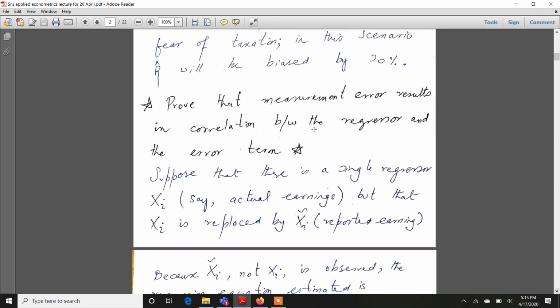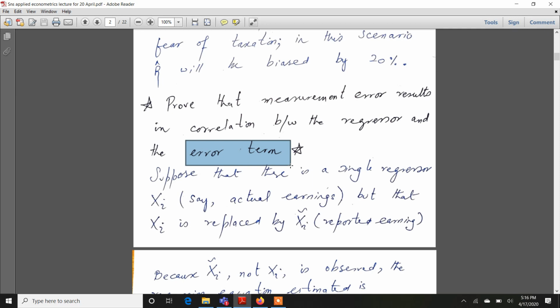Okay, next we have to prove that measurement error results in correlation between the regressor and the error term, right? What does that mean? That when we have measurement error, there is a correlation between the x variable and the residual, right? So if you can recall from the concept of omitted variable bias, we also studied this issue there.